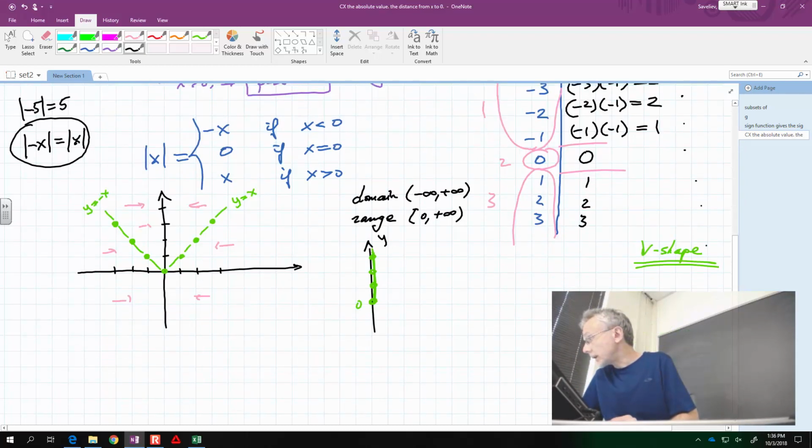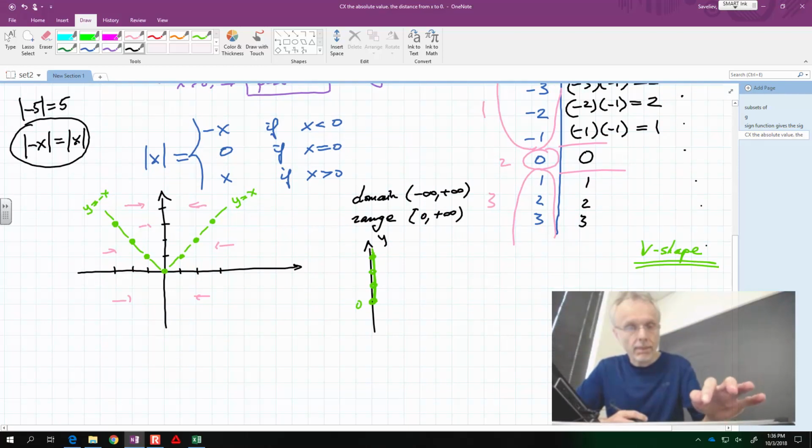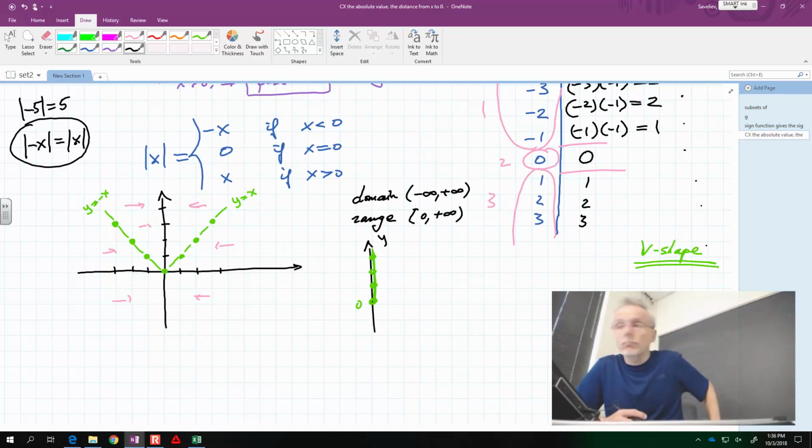If you take a closer look at the graph, what we talked about last week, what's so special about this graph? It has a mirror symmetry, right?